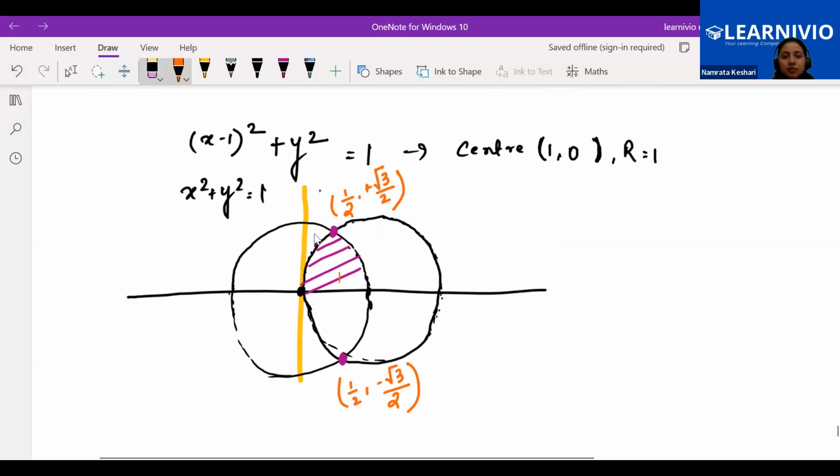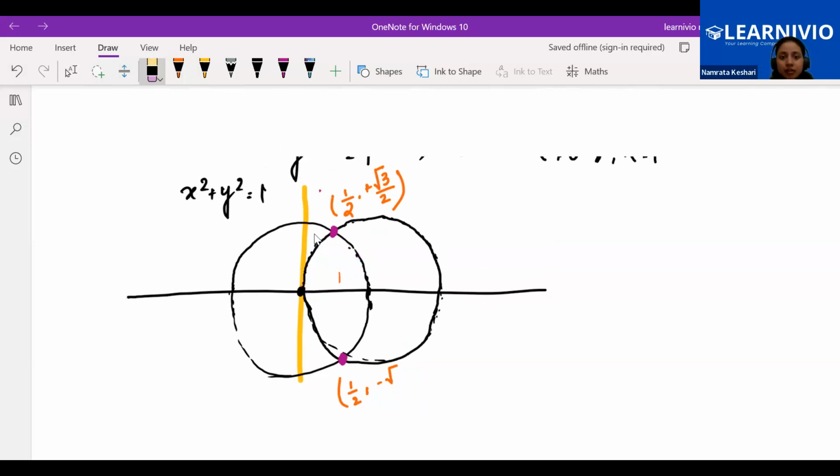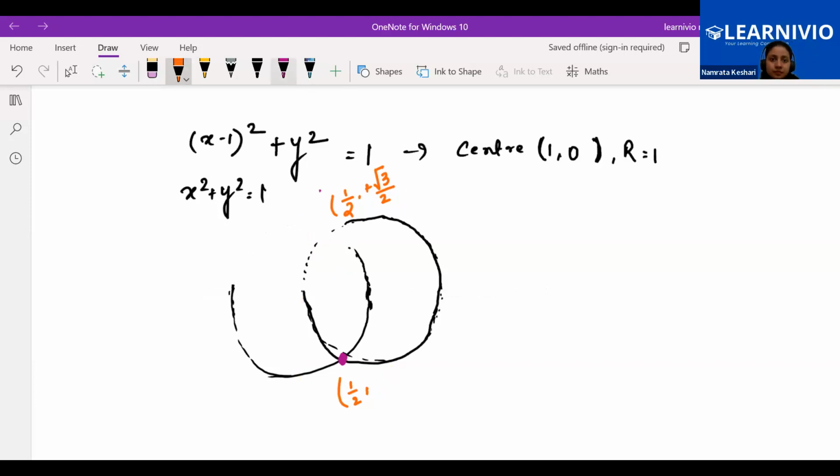We will find this much area and multiply by 2 to get the downward portion.